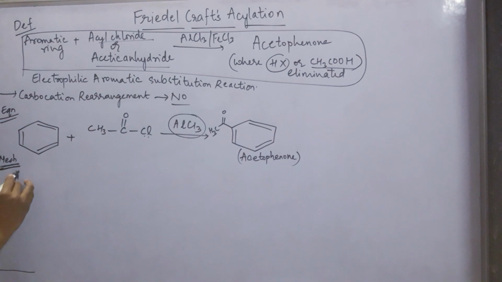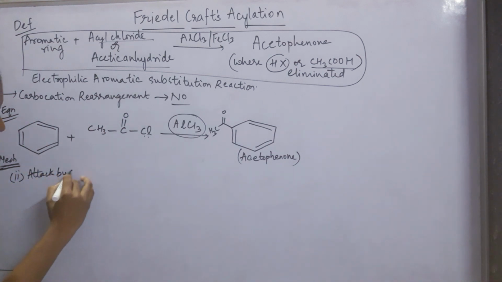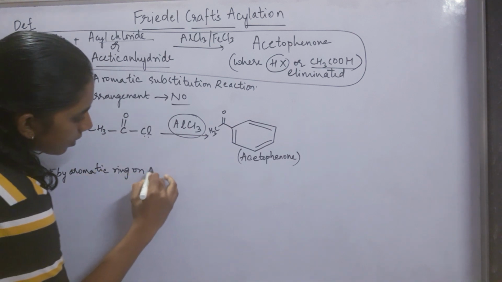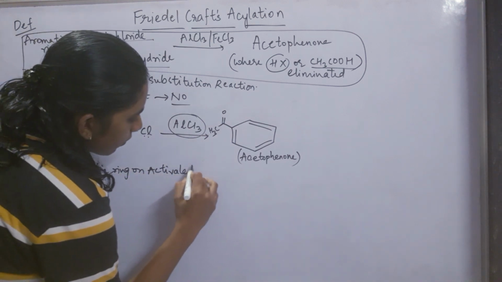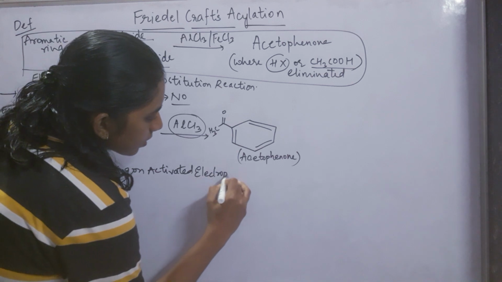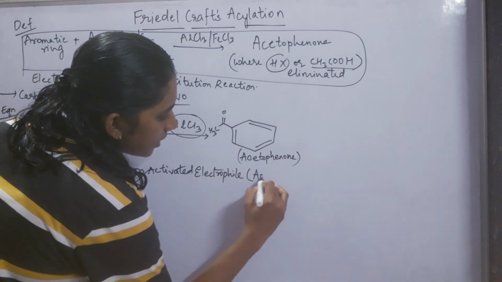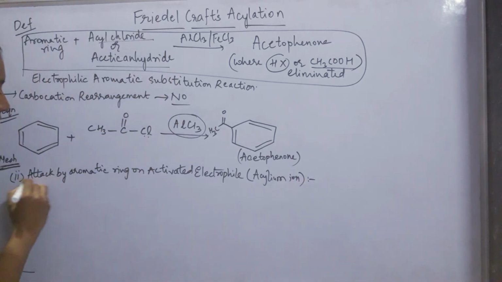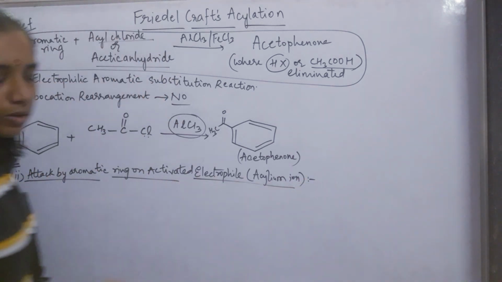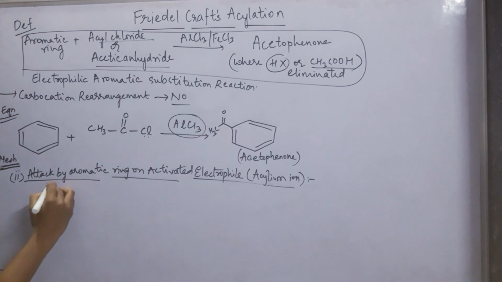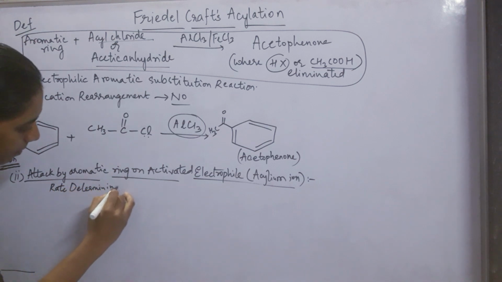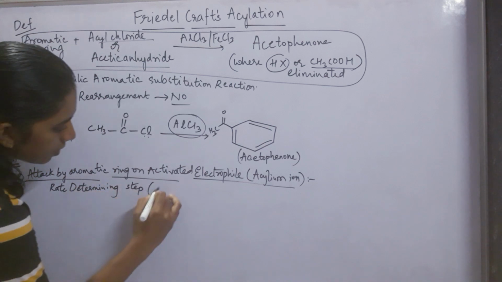The second step in mechanism, attack by aromatic ring on activated electrophile, which is also called acylium ion. In this reaction it is acylium ion. Okay, the activated electrophile here is acylium ion. So this second step is a rate determining step, slow step it is.